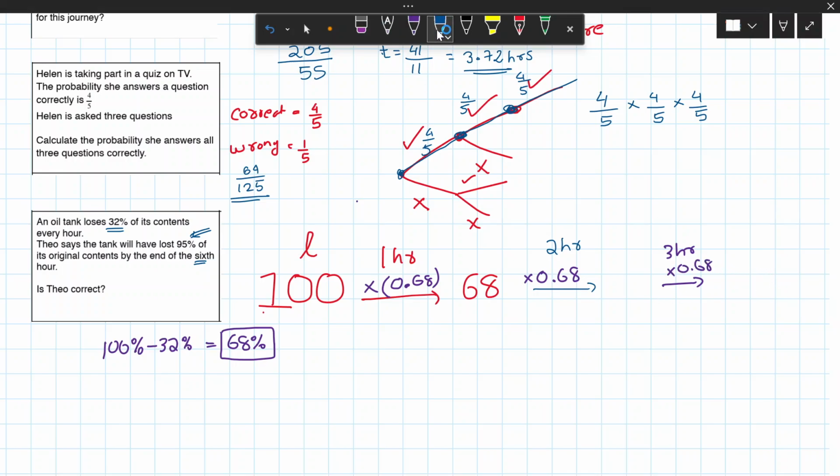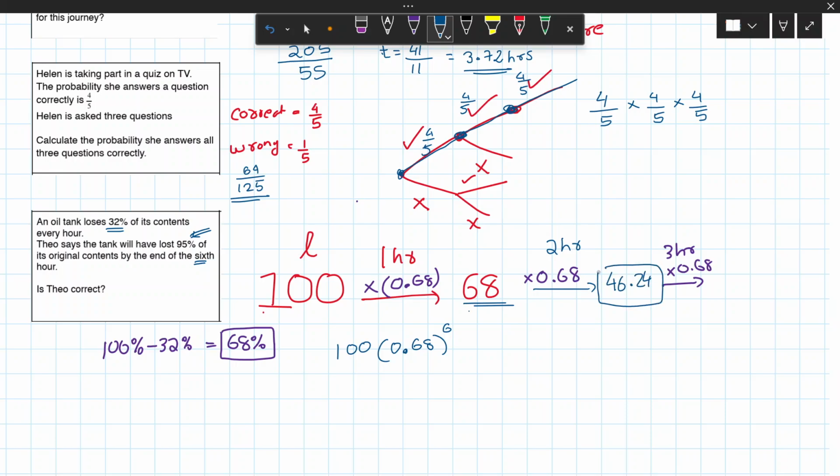Or the quicker way I could do this is, I need to know at the end of the 6th hour. So that means I have to do 100 times 0.68 to the power of 6, because we're thinking of 6 hours, right? Now, what I want you to notice here is, if I had done 68 times 0.68, I would have got 46.24.